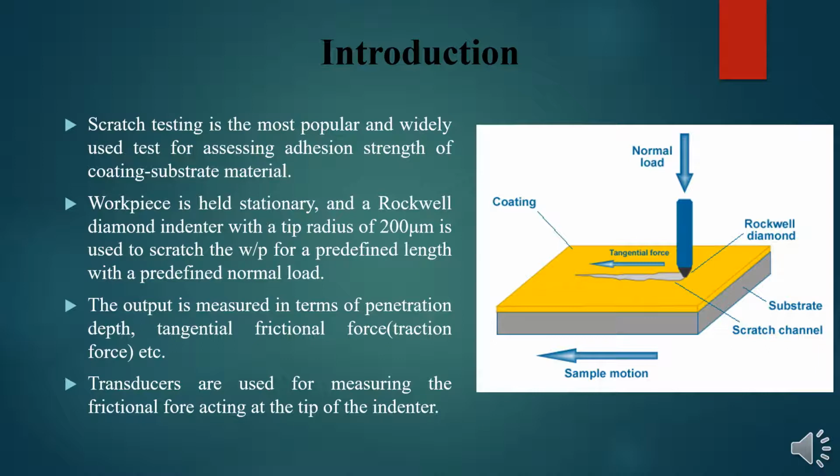Basically, traction force is the force used to generate motion between a body and a tangential surface through the use of dry friction, through the use of shear force of the surfaces. And the transducer is used in this experimental setup for measuring the frictional force acting at the tip of the indenter.